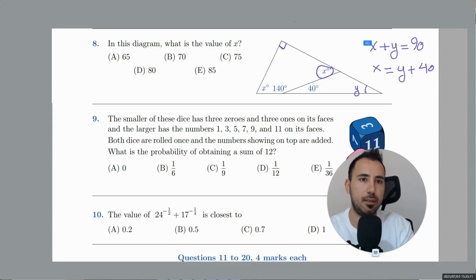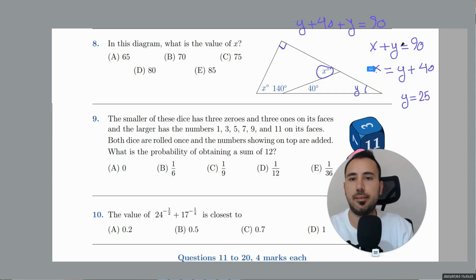So I'm going to get y plus 40 plus this y equals 90. So 2y is 50, y is 25. If y is 25, 25 plus 40 is 65. Here we go.